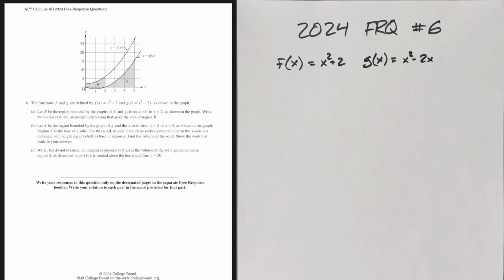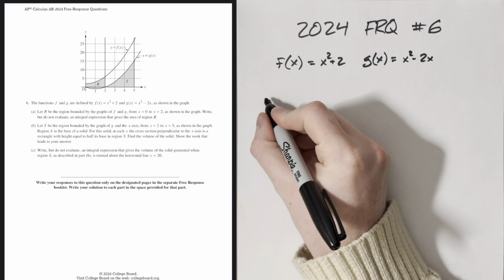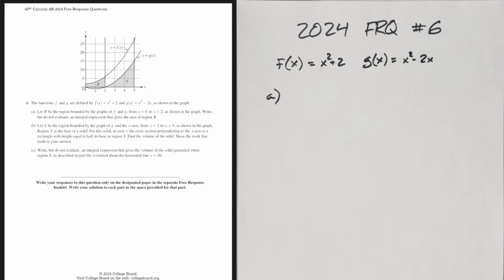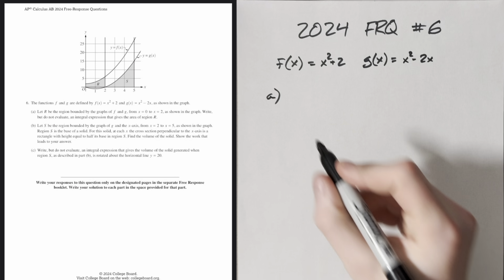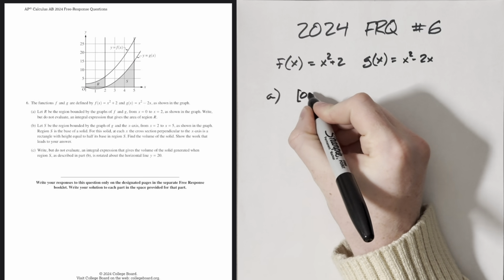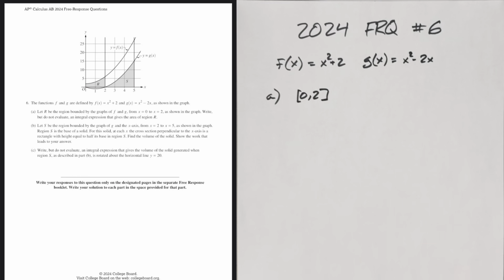Part A says, let R be the region bounded by the graphs of f and g from 0 to 2. So we're looking on the interval from 0 to 2. Write but do not evaluate an integral expression that gives the area of region R.